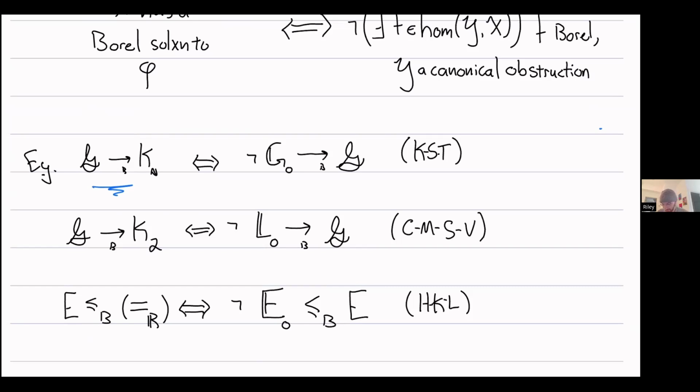It's exactly when there's no homomorphism from some crazy graph they build, called G0, into G. One way to think of G0 is as the projective limit of a generic sequence of trees. A similar theorem of Carroy, Miller, Schrittesser, and Vidnyánszky characterizes when there's a Borel 2-coloring of the graph. And here there's a canonical obstruction: either you have a Borel 2-coloring or there's a Borel homomorphism from something called L0, which is a projective limit of a generic sequence of lines.